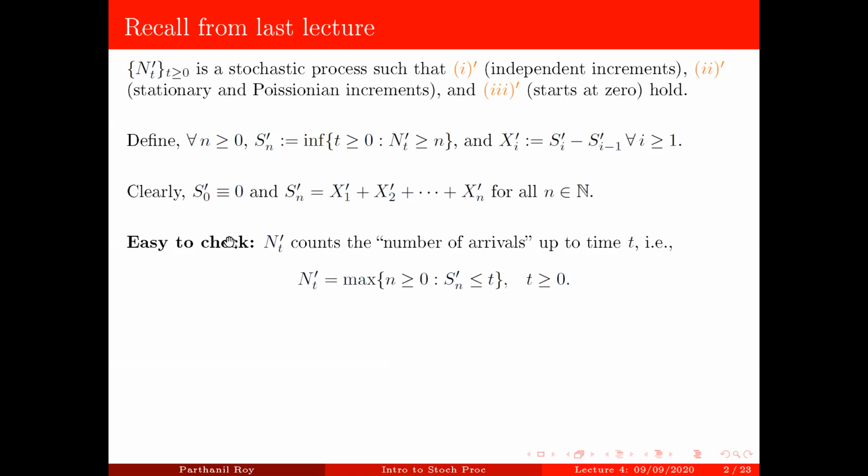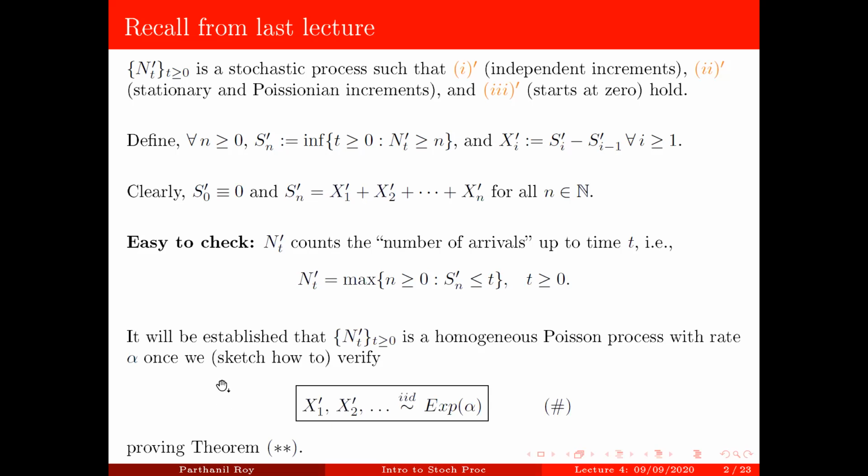Now it's easy to check that N dash t counts, quote unquote, the number of arrivals up to time t, which means N dash t is the maximum n bigger than or equal to 0 such that Sn dash is less than or equal to t. This is true for every real number t non-negative, and this is obviously tailor-made because of the way we have defined things.